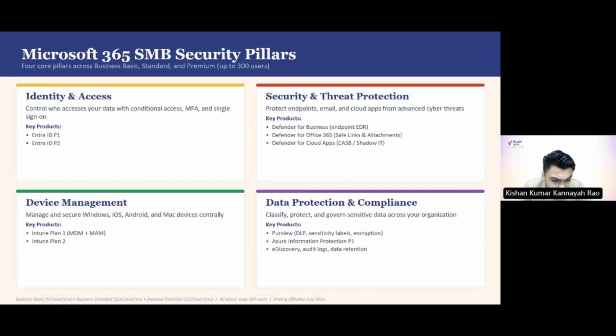You can control who accesses your data with conditional access, MFA, and single sign-on, SSO. In this identity and access pillar, we have 2 products: Entra ID P1 and Entra ID P2, which are Plan 1 and Plan 2, and each plan gives you additional features. We will look at identity and access first, and then gradually move on to the next pillars.